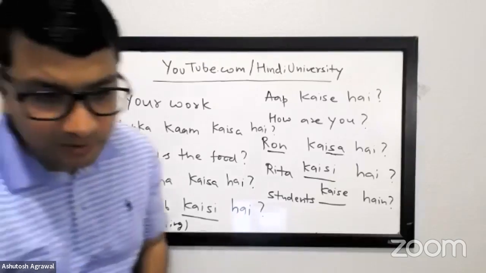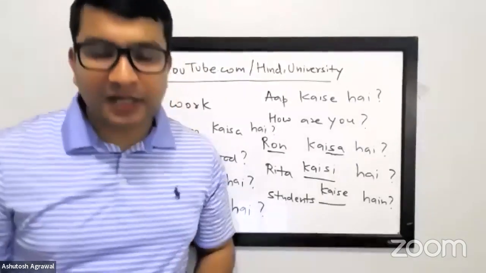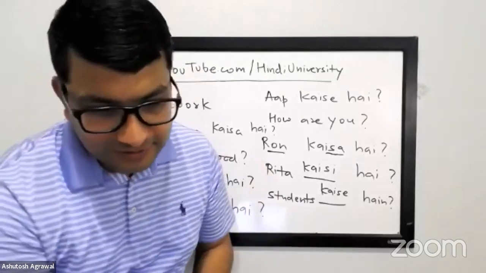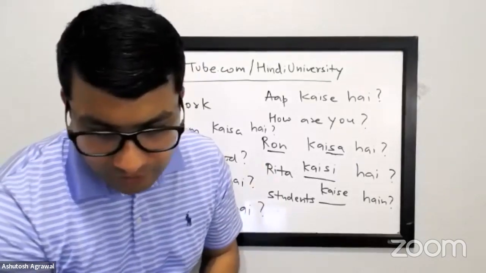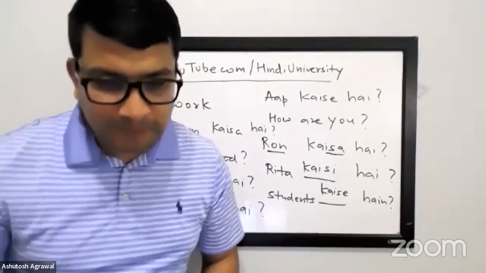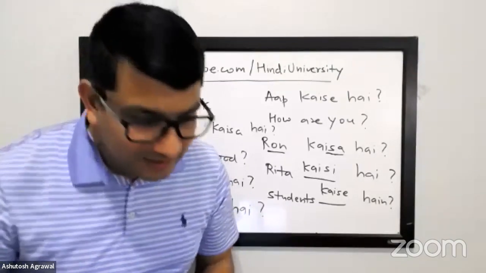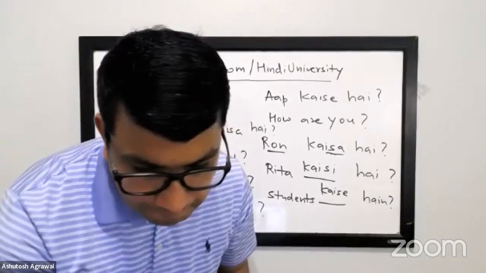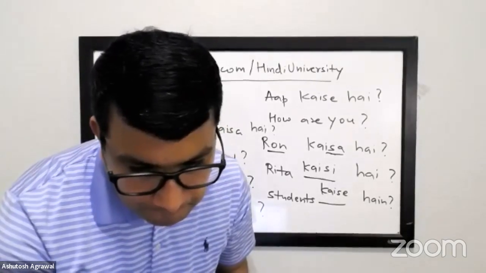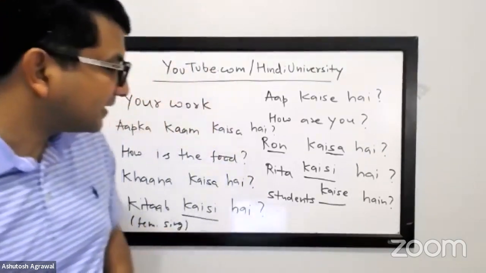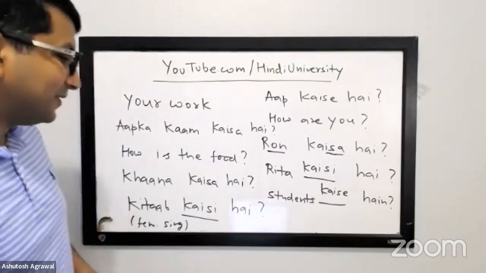Let's see some more examples you guys want to share before I do a small exercise to bring all of you together. You can raise your hand, or you can unmute directly and share it. You can type it as well if you want. आपकी मोटी बिल्ली कैसी है? Very good, right?